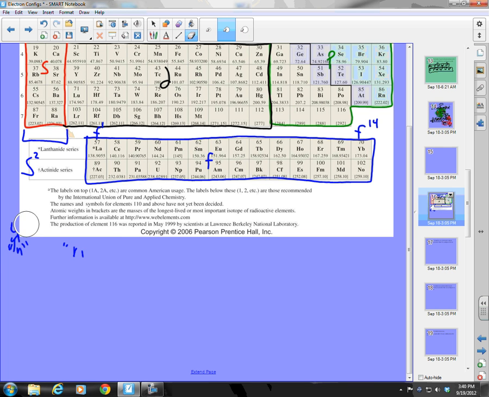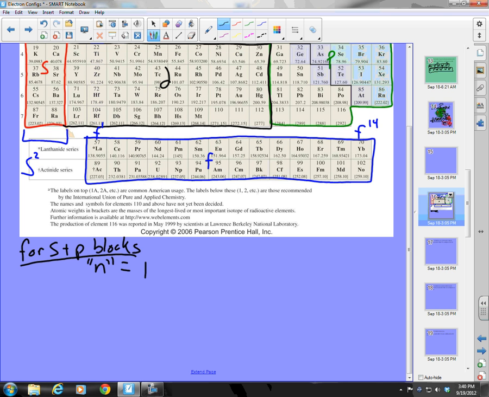Now, hold on. Let me clean this up a little bit. Got a little ahead of myself. For S block and P block. Okay, for S block and P blocks, there's a relationship. N is equal to the period number.